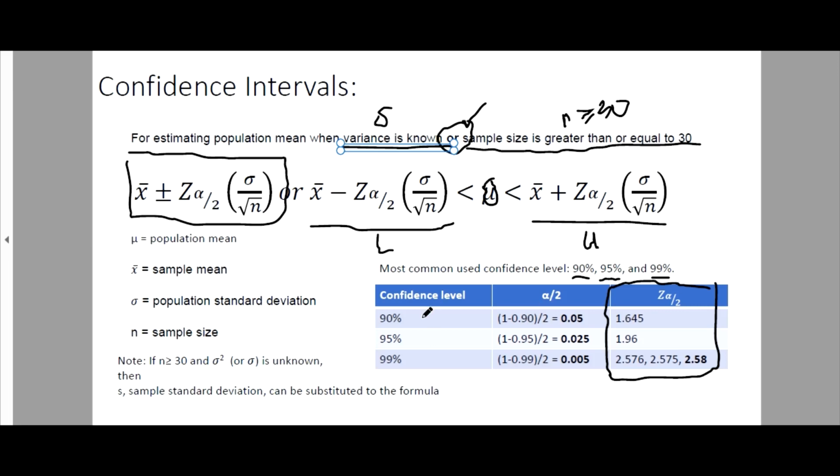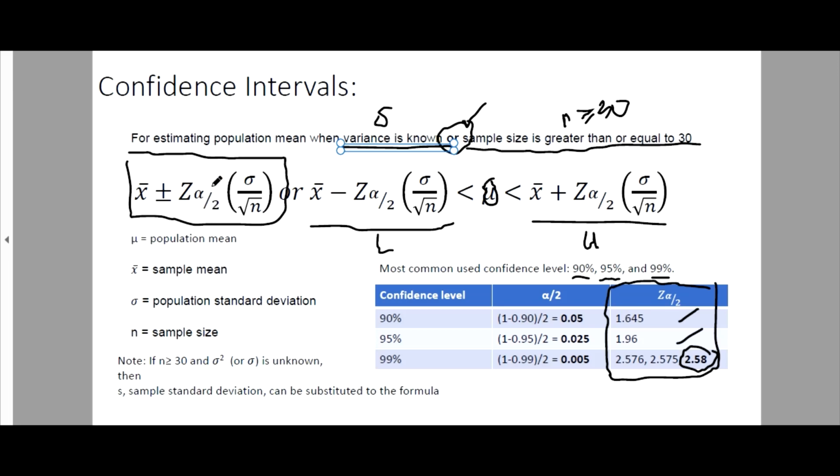If it's given with 90% confidence level, then we'll use 1.645 as our value for z alpha over 2. For 95% confidence level, we'll use 1.96. And for 99% confidence level, we'll use 2.58.